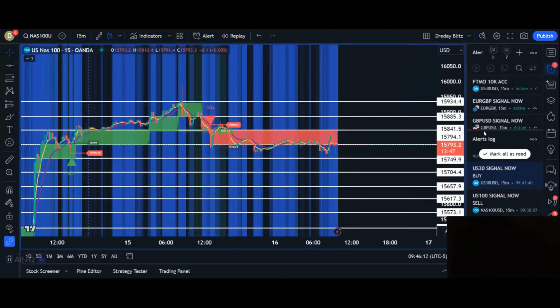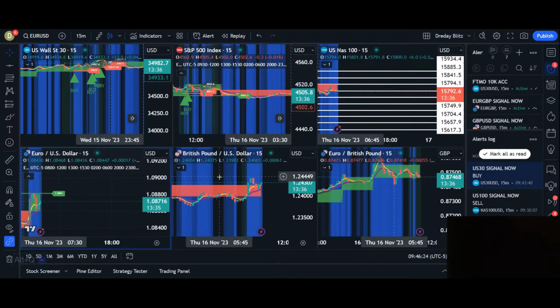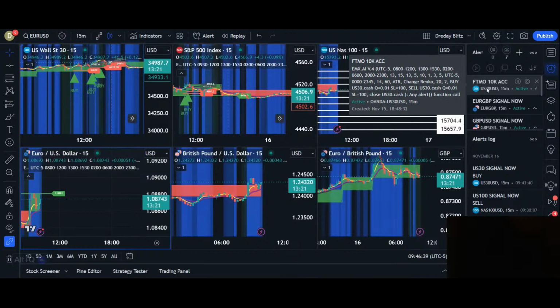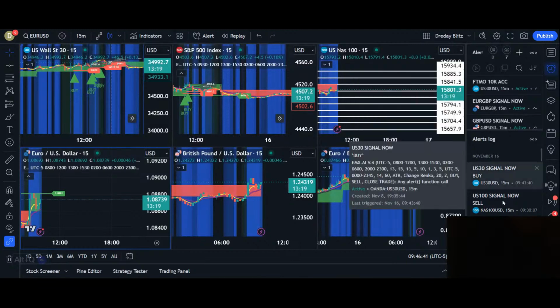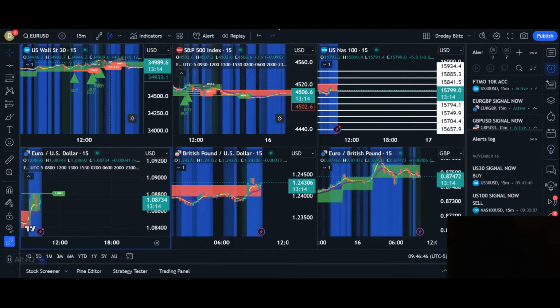So this is the actual process on that. So let's go back on the other charts to see if we have anything growing. So we had the US 30 as a buy. So let's look at it.